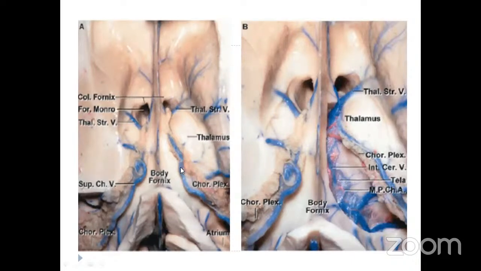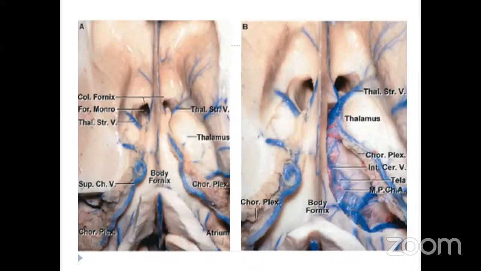So we can either detach the choroidal plexus from the taenia fimbriae of the fornix, or we can detach the choroidal plexus from the thalamus. So depending on this, we have got a suprachoroidal or a subchoroidal approach. This one will be suprachoroidal, and on the side of the thalamus, if we are detaching it, would be a subchoroidal approach. So that's what I was just telling.